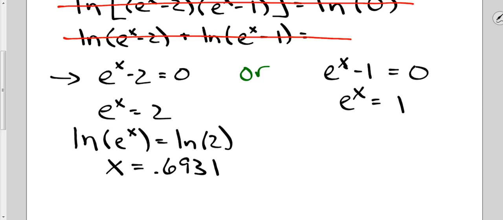Natural log, both sides. So natural log of e to the x is x. Natural log of 1, right? And then e to what power gets me 1? 0. So x equals 0.